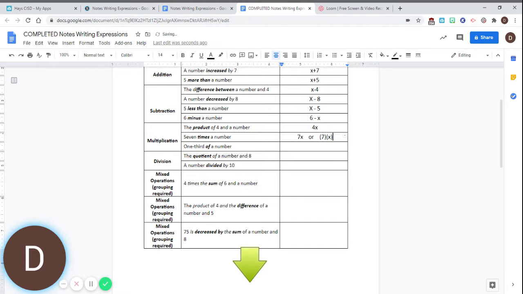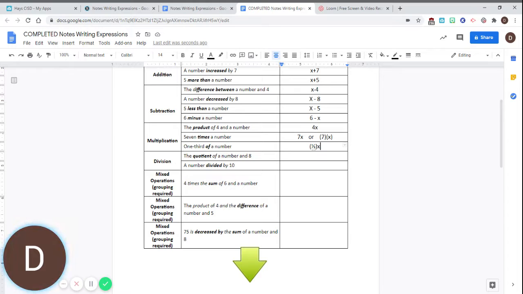We talked about how whenever you have 2 things next to each other in parentheses, parentheses tell us to multiply. And then 1/3 of a number. We have the fraction 1/3, and then the number, which we want to let be any number, so we have that variable x right behind it.